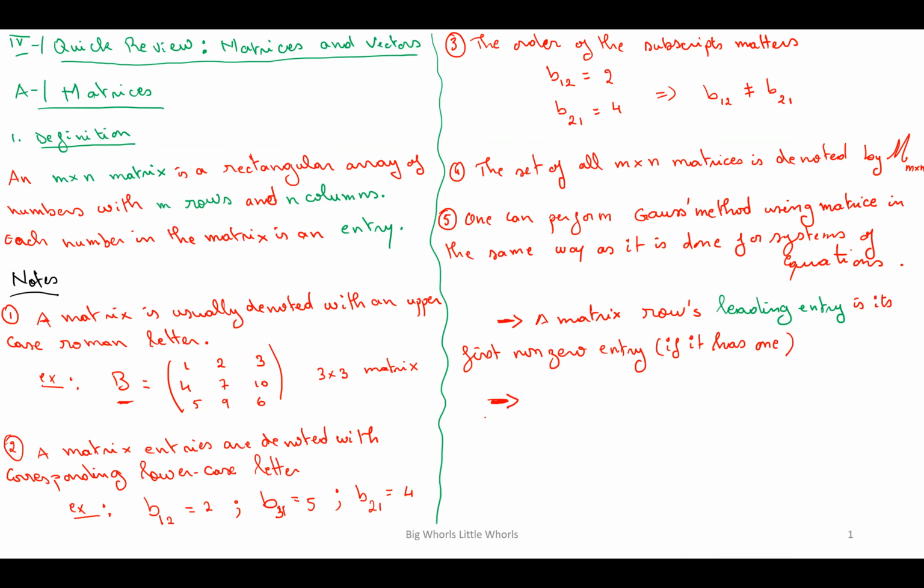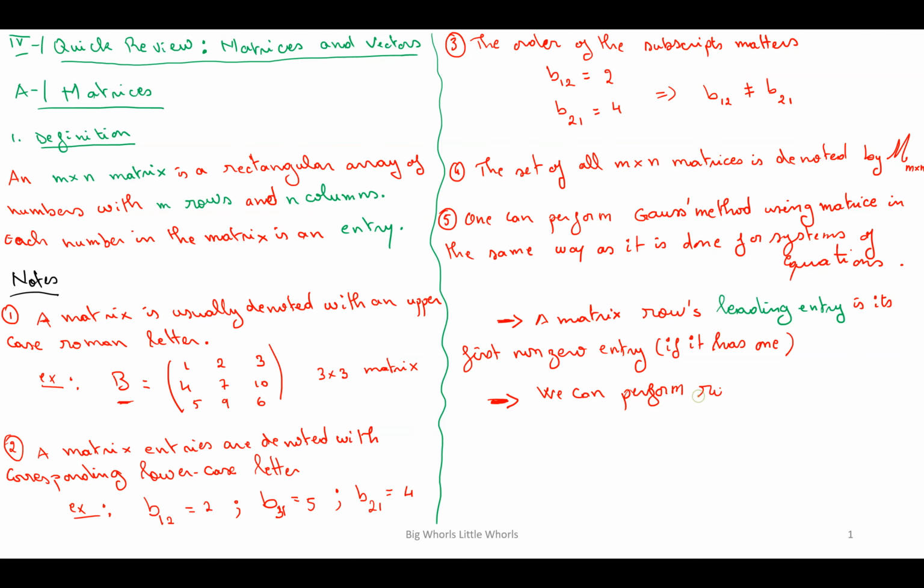Another important point is the echelon form. We can perform row operations to arrive at echelon form as well.